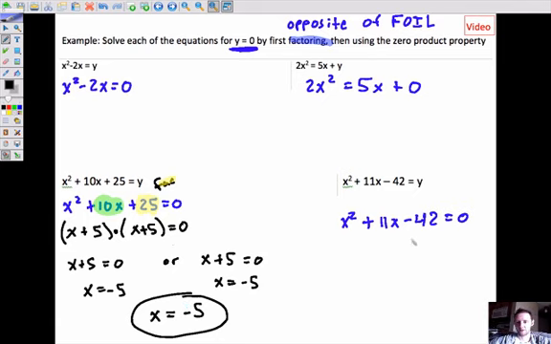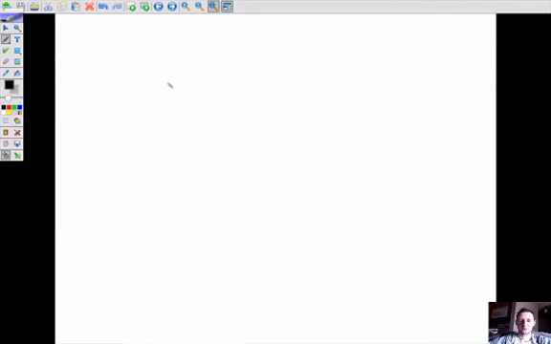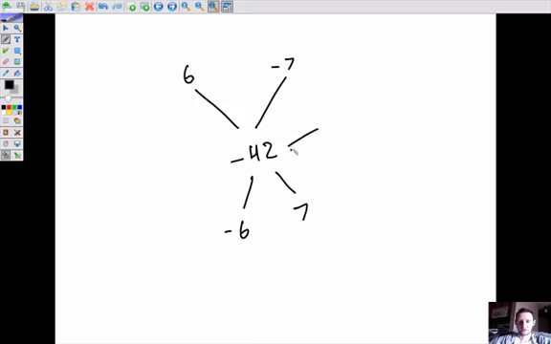Let's move over to the bottom right one here. I need to first find what my two factors are going to be. So I'm looking at negative 42 as my constant. Now this can be negative 6 times 7, or, let me move this down, or it could be negative 7 times 6, or it could be 21 times 2, or negative 21 times 2, or what else could it be?